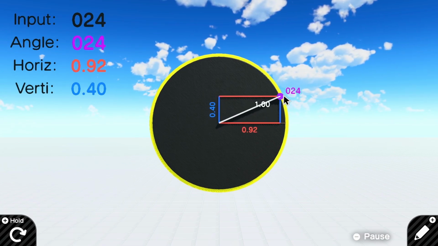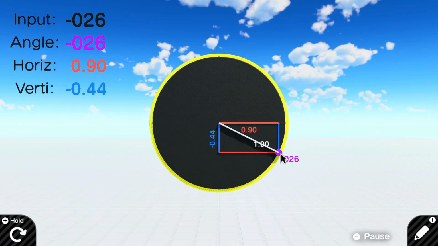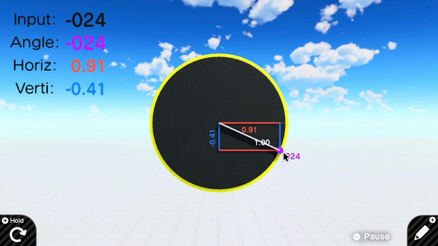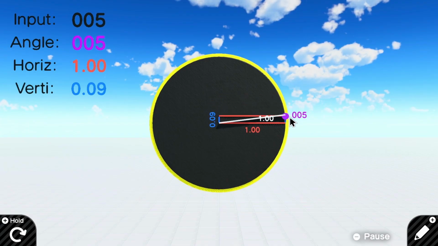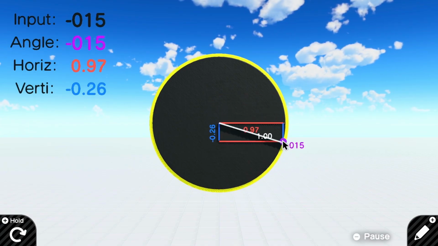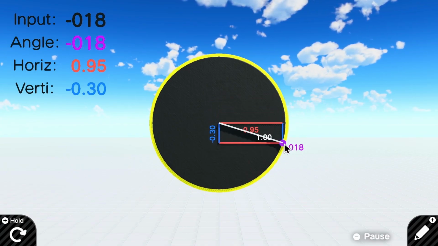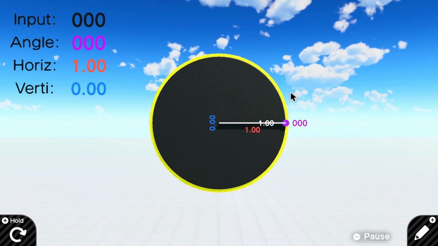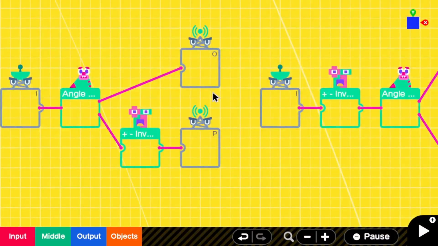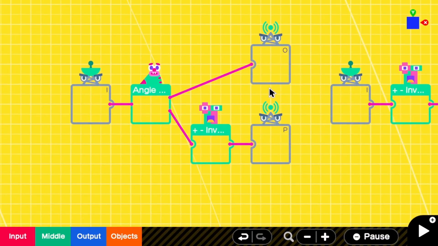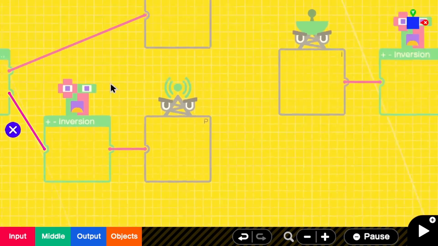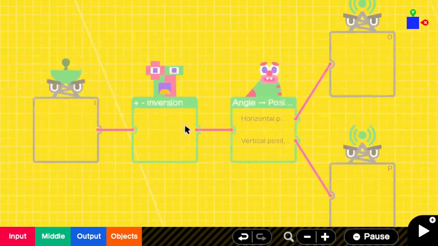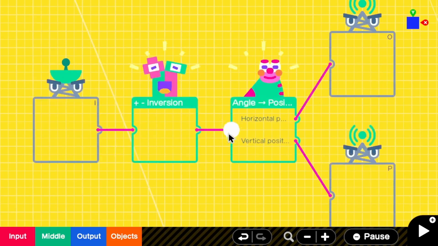So 0.92 here, 0.92 here. And what we're only changing here is the y position. So the magnitude of the y is still the same. We're just changing it from positive to negative and vice versa. And that's why if we want to change just the vertical position output, we can just add an inverter nodon at the input here instead.